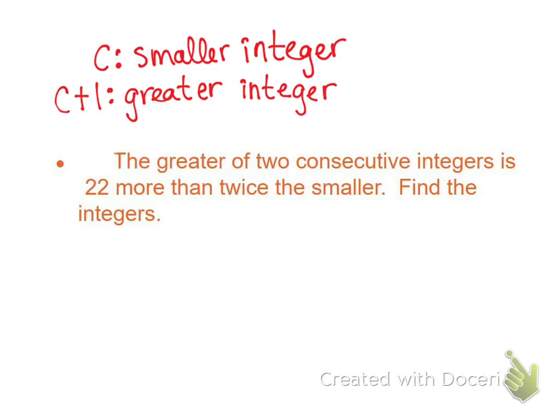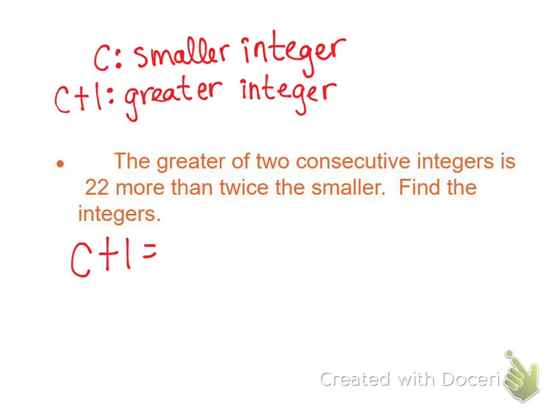The greater of two consecutive integers, so that's my C plus 1, is 22 more than twice the smaller. So whenever we see the word is, what symbol do you think we need to be thinking about? Equals. So the greater integer is 22 more than means we are doing what operation?